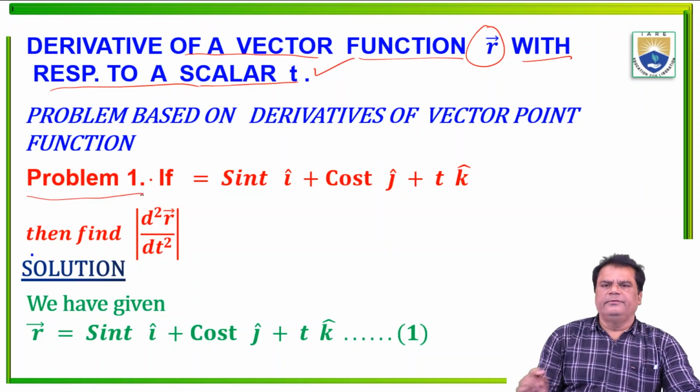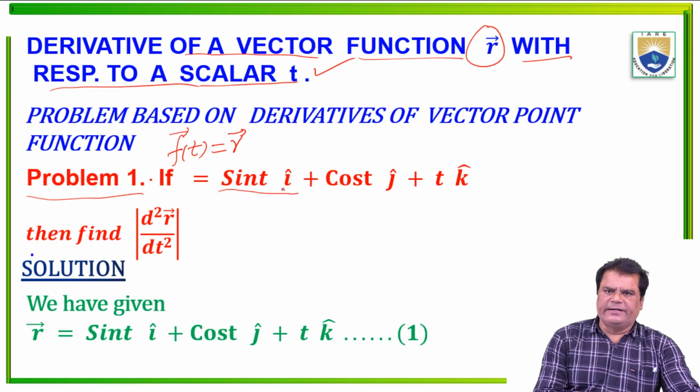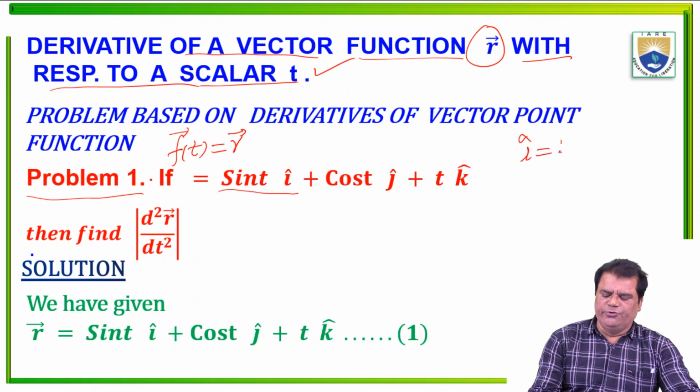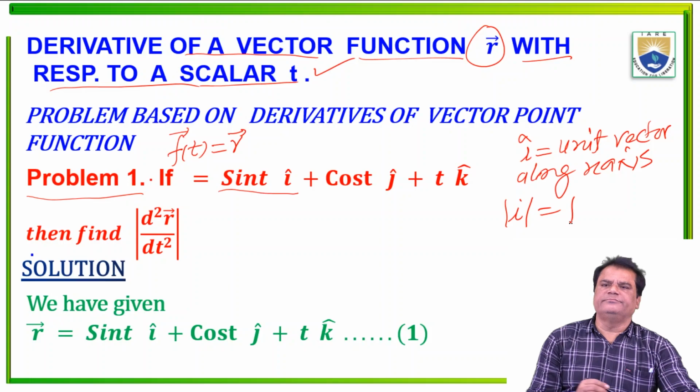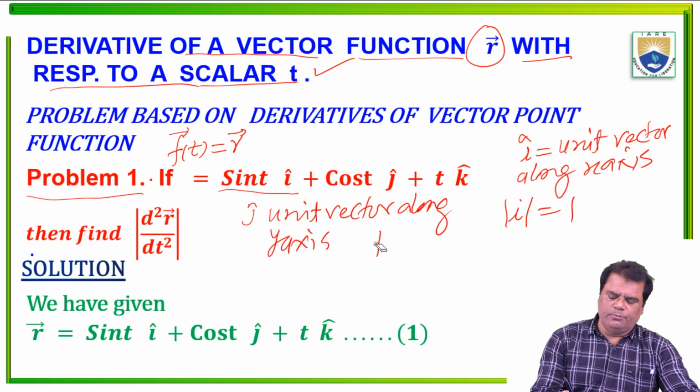So here is problem 1, a very easy problem. Vector R equals sin t into i. i is a unit vector along the x-axis, and mod of i is 1. j is a unit vector along the y-axis, and mod of j vector is also 1.